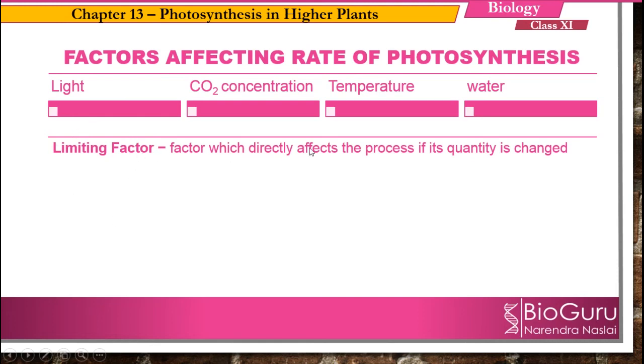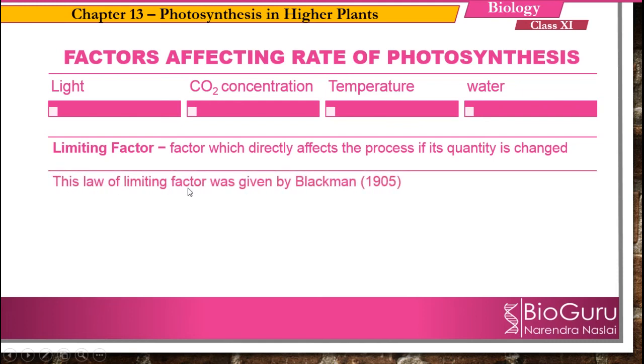A factor which directly affects the process if its quantity is changed, right? This law of limiting factor was given by Blackman in the year 1905. So this is also called the law of limiting factor or Blackman's law of limiting factor. Clear? So let us understand one by one.